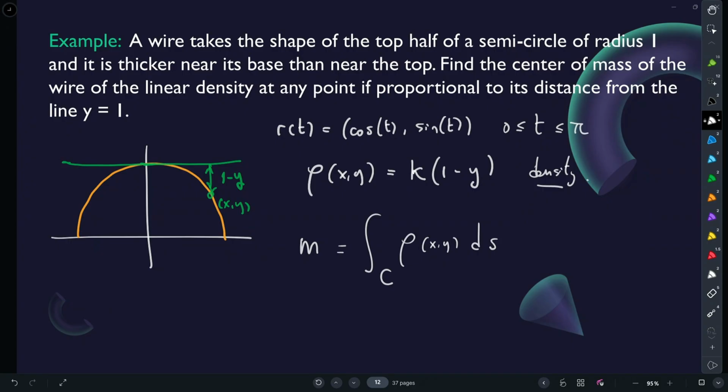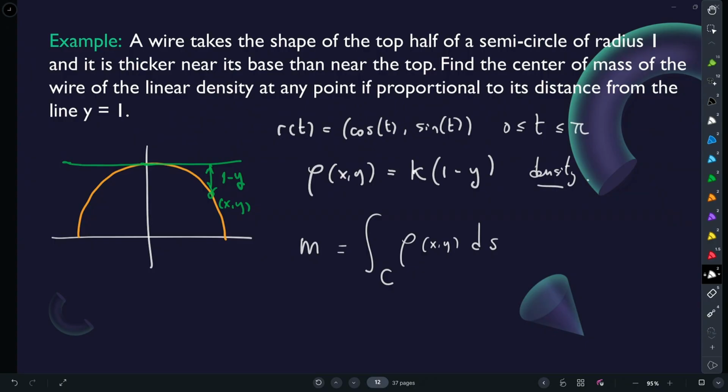So the x-coordinate of the center of mass will have to land on the y-axis. The center of mass is going to be somewhere here by symmetry. You can compute that integral and show that it is 0, but if you realize that there is a symmetry, then you don't even have to compute that integral.